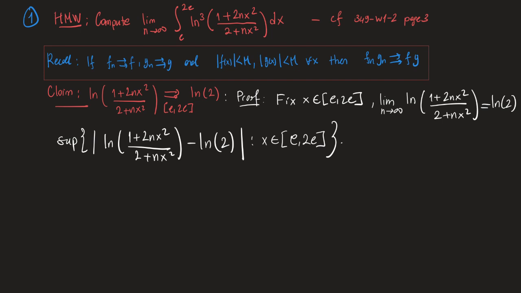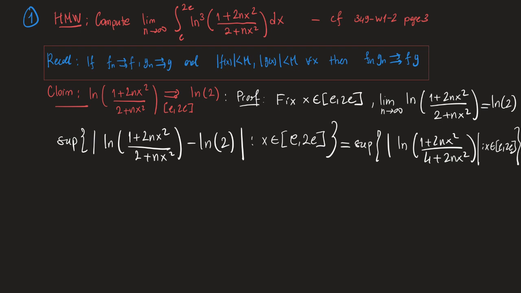So this is just the sup of ln of (1 plus 2nx squared) over (4 plus 2nx squared), with x in [e, 2e].